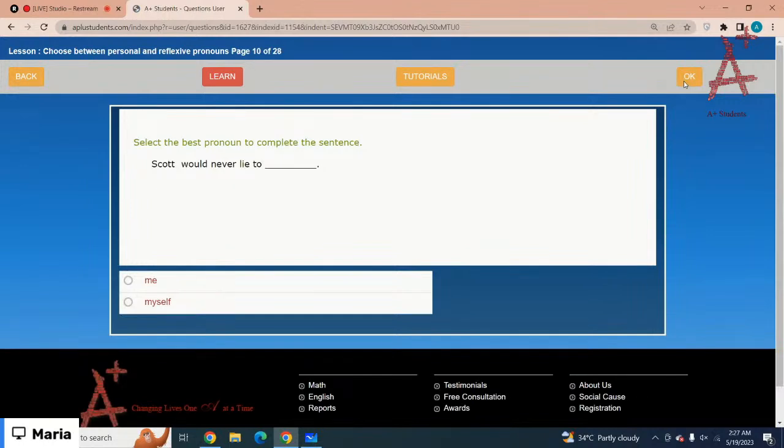Scott would never lie to me or myself, which is the correct option? Scott would never lie to me is the correct option, not myself.